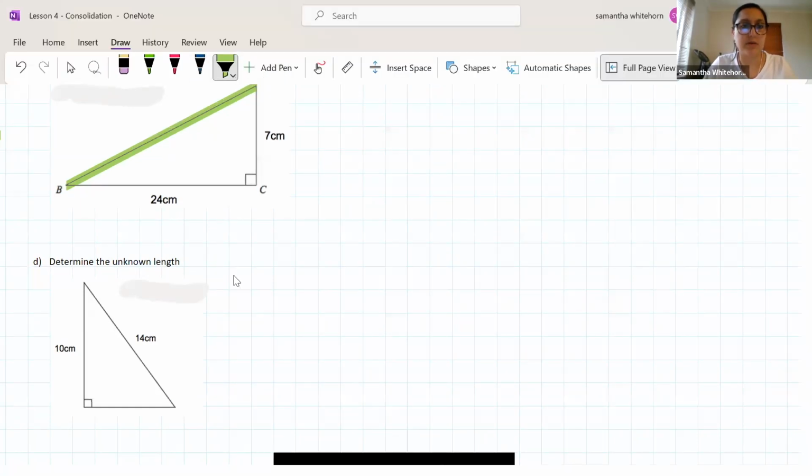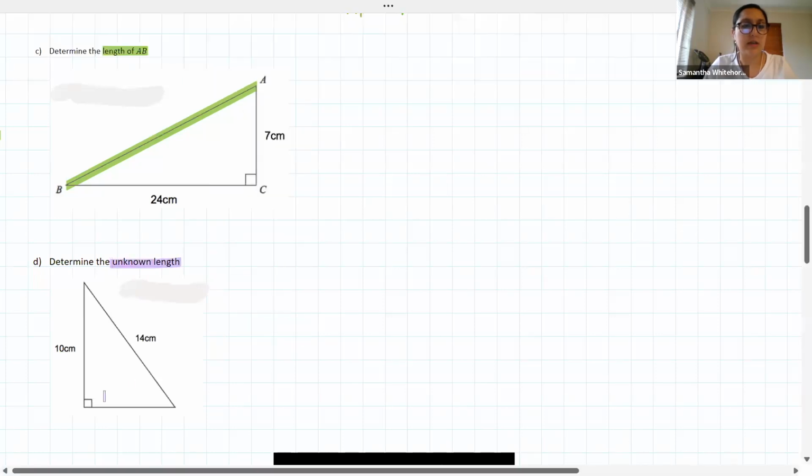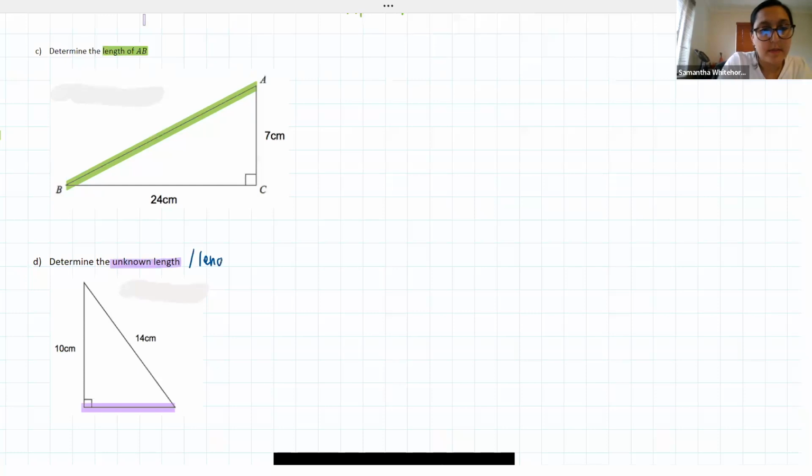Our unknown length is essentially the side that has no length on it, which is this one down at the bottom. If you would prefer to say determine the length of X, and you want to put an X here, I have no problems with that. But either way, I want C and D answered.